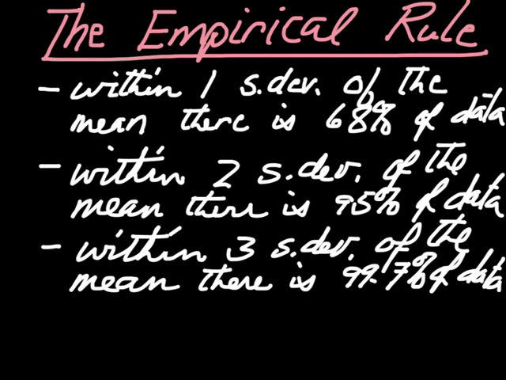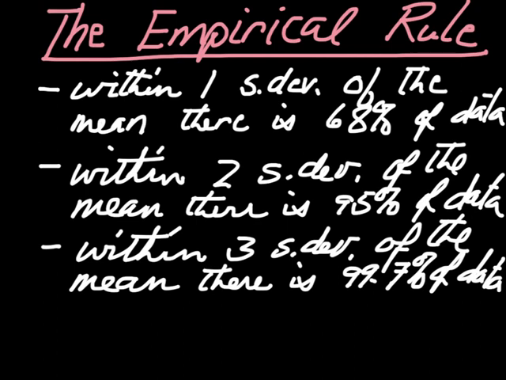And so what you talk about is within one standard deviation, two standard deviations, or three standard deviations of the mean. And what I mean by that is either 1 times whatever the standard deviation is, plus or minus from the mean, or the mean plus or minus 2 times the standard deviation, or the mean plus or minus 3 times the size of the standard deviation.